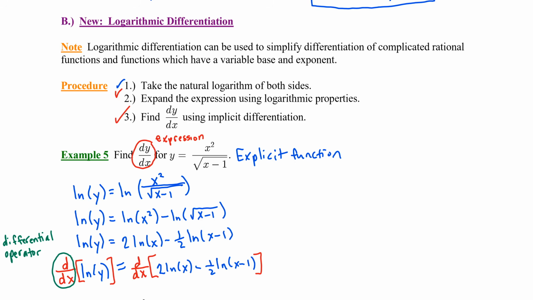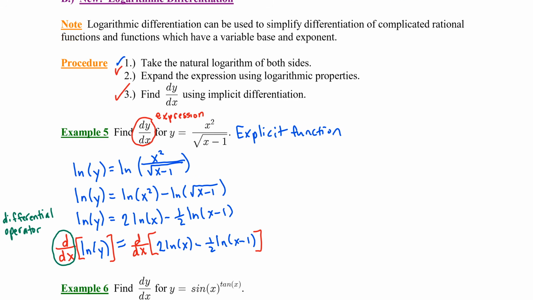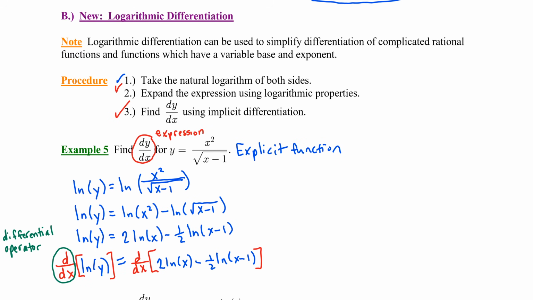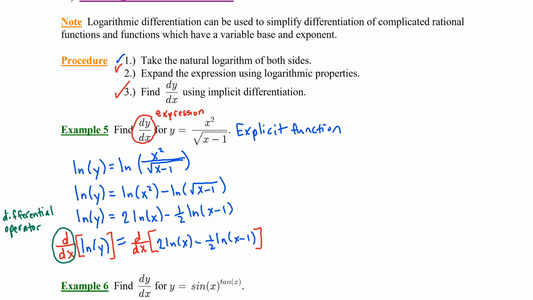Now on the left side, we're finding the derivative with respect to x of natural log of y. Notice the mismatch in the variables. The variable of differentiation is x, whereas the variable in the argument here is y. The variable in the denominator of the differential operator identifies the independent variable.